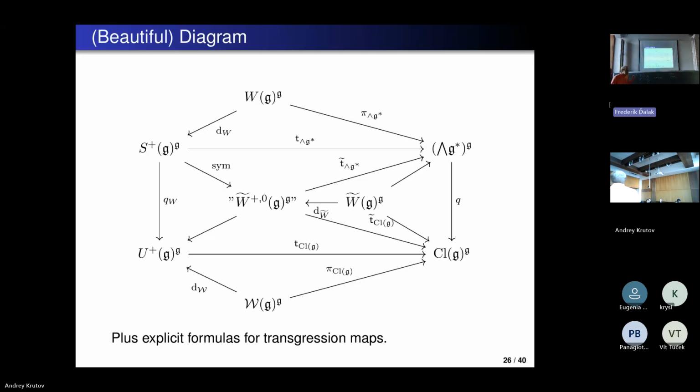Unfortunately, I will not present most of this diagram, but just show you how bad or nice things are. So you have this main object, the non-commutative Weil algebra, you have the quantum and classical ones, you have a bunch of transgression maps, and you study the interaction. It's not even a commutative diagram, but it's a nice diagram that explains what is going on in the 30 pages of the paper.